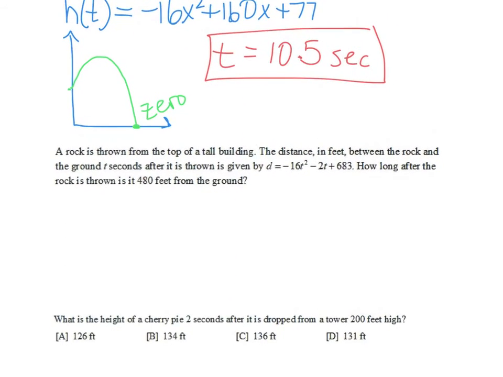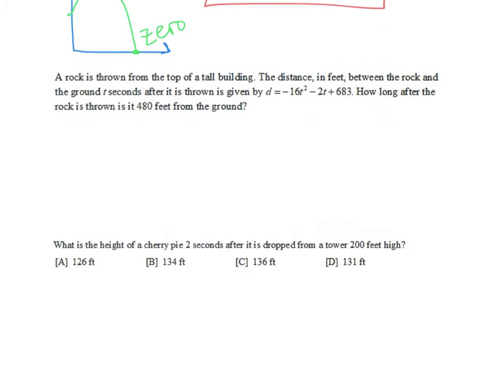Now the second one, they give us the formula. They've given us the formula that d is in distance, like height, -16t squared minus 2t plus 683.